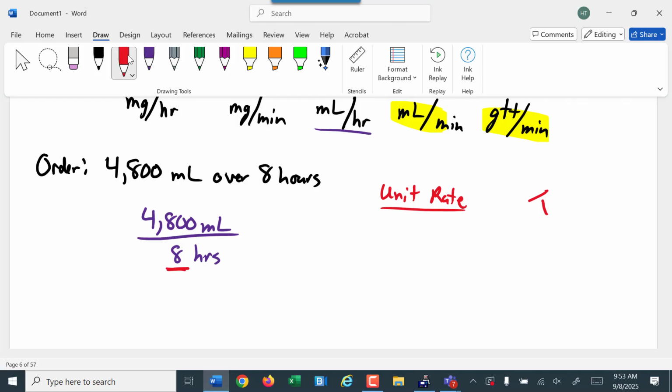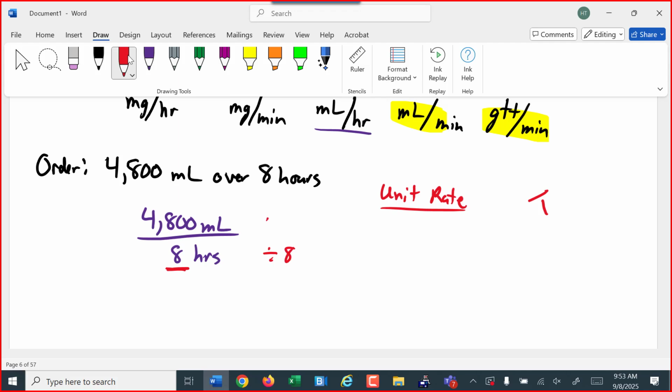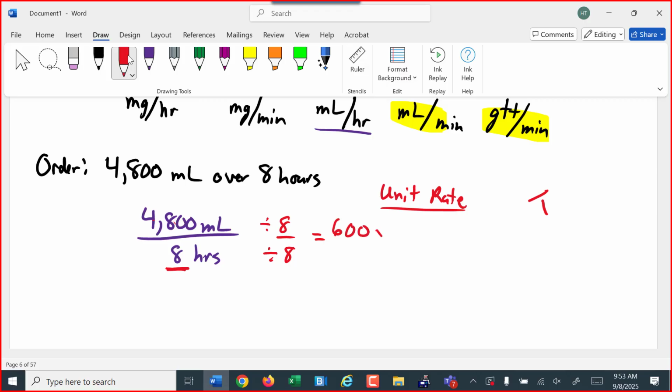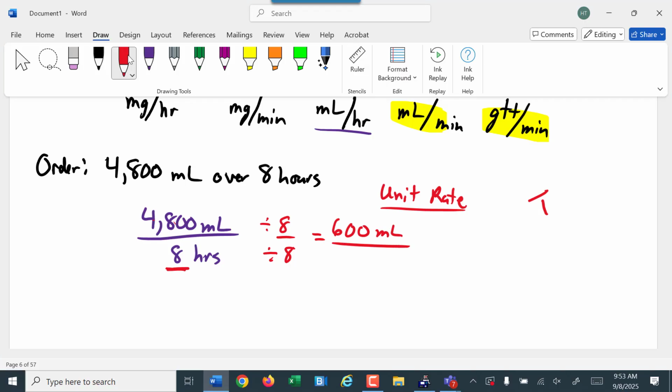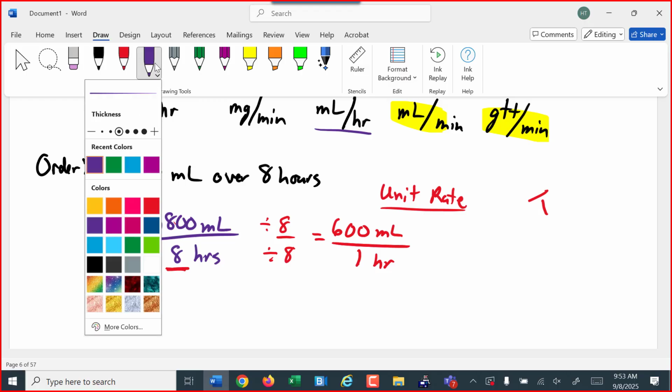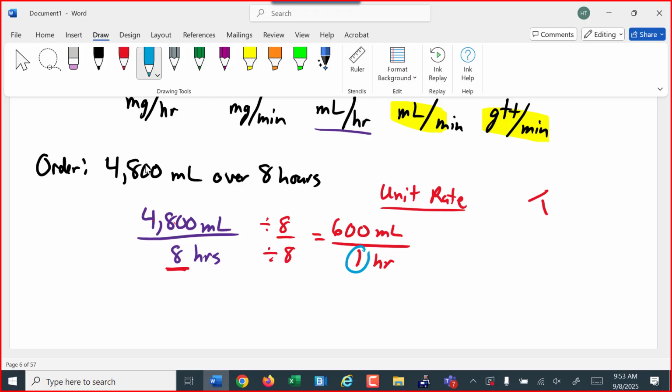The second number here is an 8, so we would divide by 8. 4,800 divided by 8 is 600 milliliters. 8 hours divided by 8 is 1 hour. And once the bottom number is simply a 1, we don't need the 1 there anymore. We would just write it as 600 milliliters per hour.